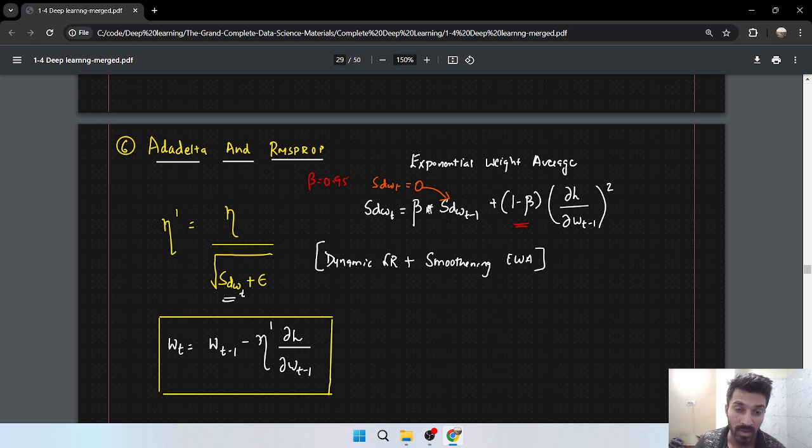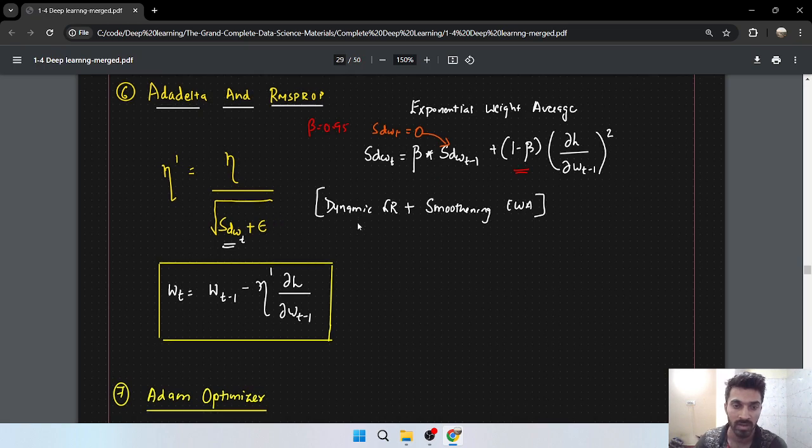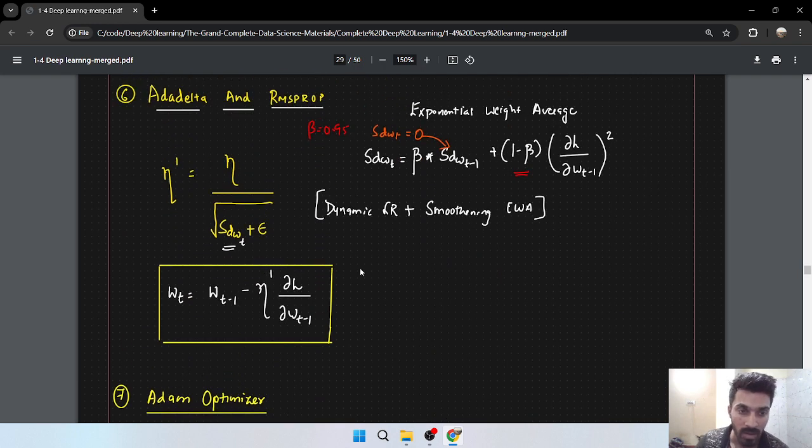Here we will introduce smoothing in the weights and the learning rate also. Basically, in the Adam optimizer we have to introduce all of these things. So here we introduce an exponential factor, so that we will get an exponential weighted average.